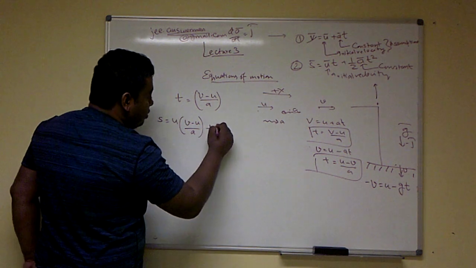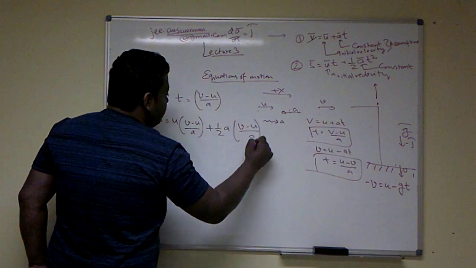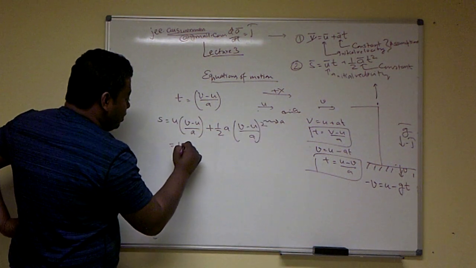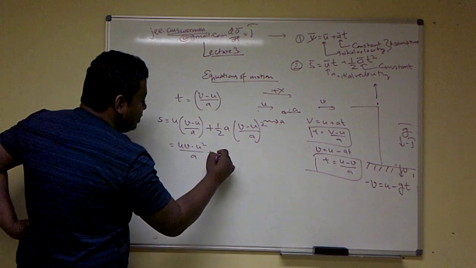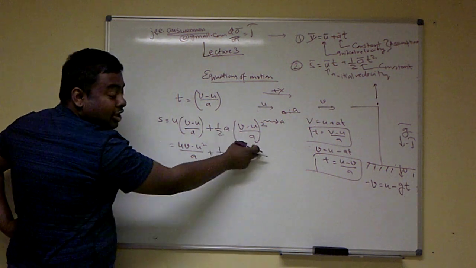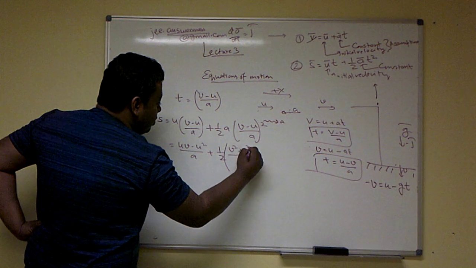So this will be u times (v minus u) divided by a, plus half a times ((v minus u) divided by a) whole squared. So this will come out to be (uv minus u squared) divided by a plus half times a, because a will cancel the a squared in the denominator, times (v squared plus u squared minus 2uv).